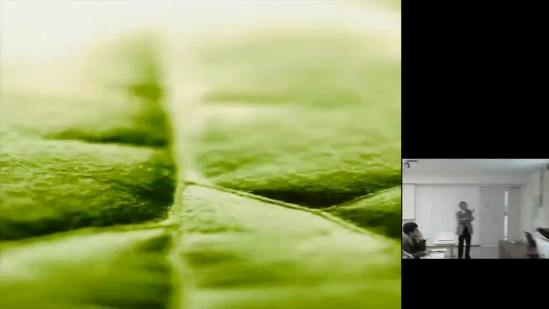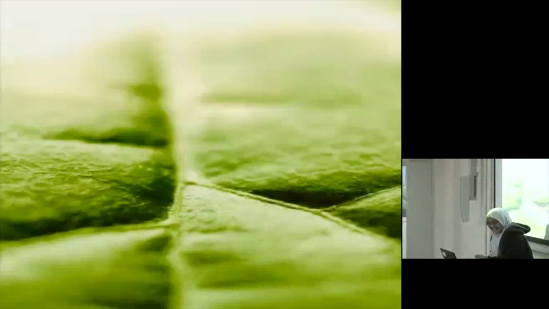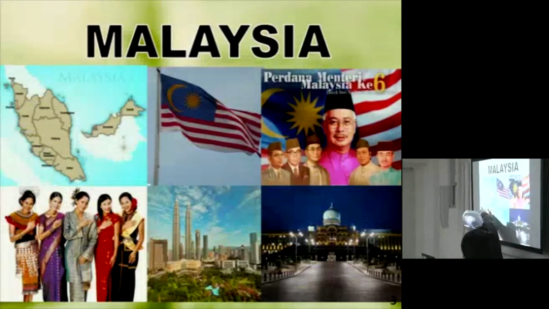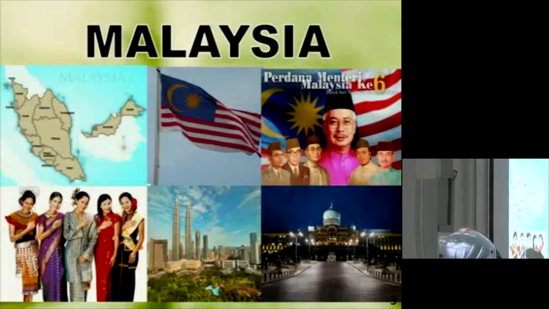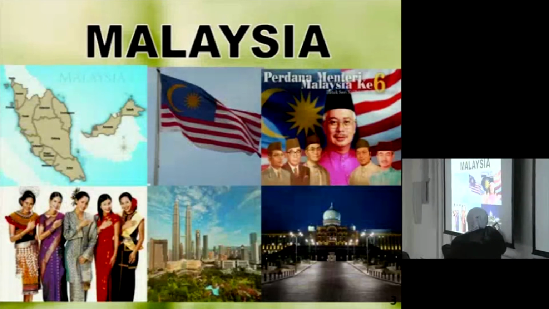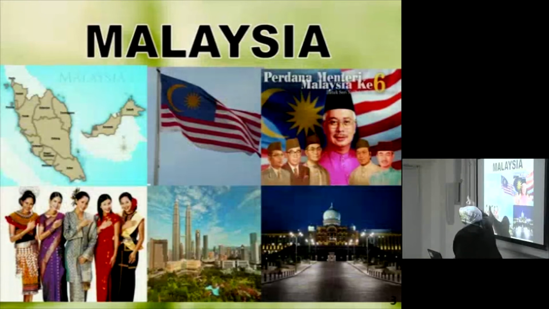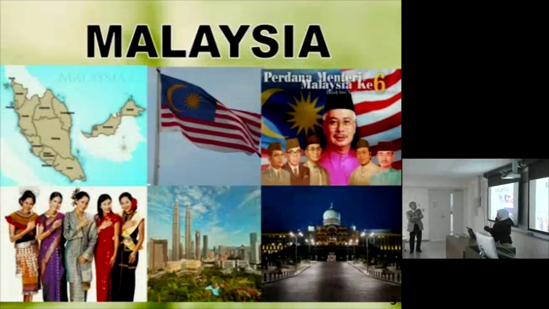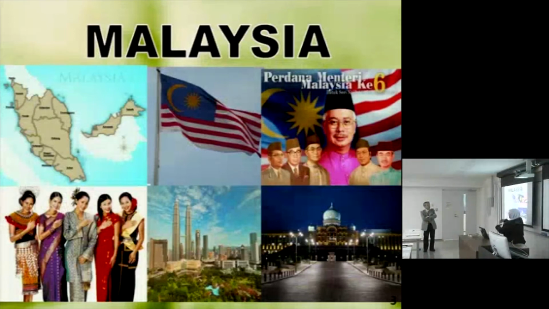And where's KL? Here, in Selangor. And our government building, Putrajaya, is also located here, in Kuala Lumpur. Oh, it's a small place in Selangor. You have to learn about Malaysia.